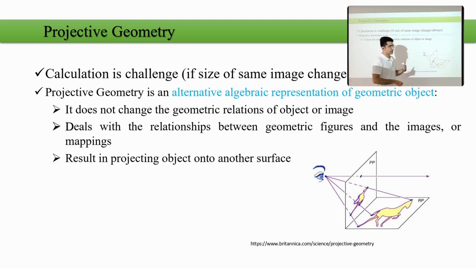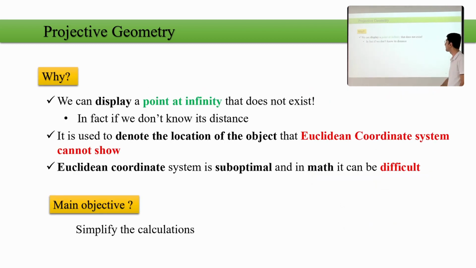When we are using it, we are not changing the geometric relationships. We have the same geometric relationships; we just project them onto other planes. It deals with the relationships between geometric images that we have on the frame. So after calculation, we have the same thing on the other plane, which requires less computational complexity.